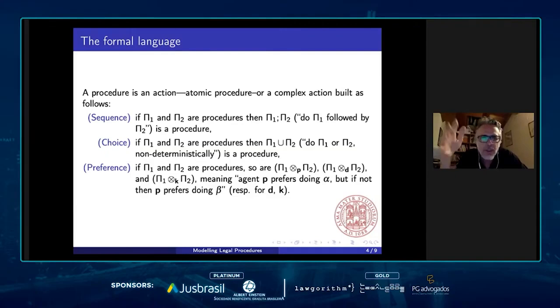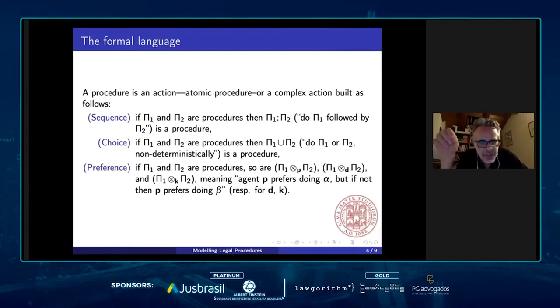In particular, you can build procedures using actions, and then you can have complex actions that are composed by the sequence operator. So Pi1 and Pi2 are two procedures that you can combine in a sequence.